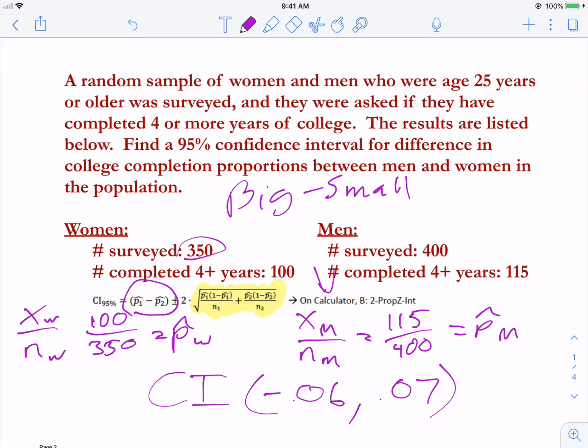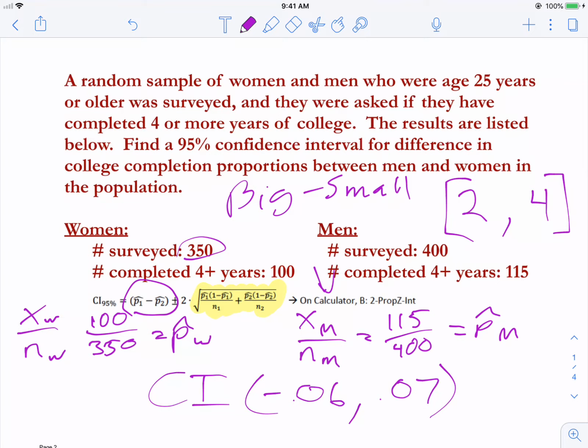Okay, let's say that this range had gone from, I don't know, positive 2% to positive 4%. Then our interpretation would be we do have evidence that there is a difference, and that difference is going to be between 2 and 4.